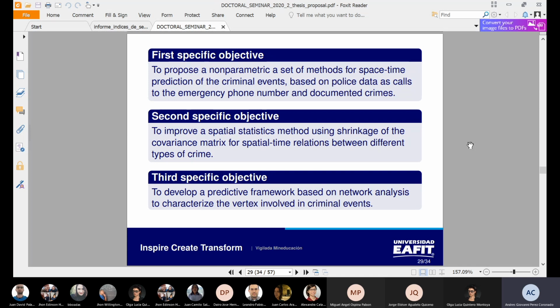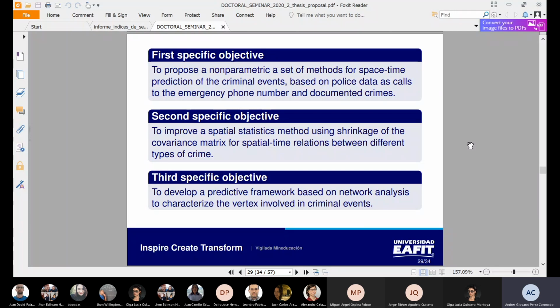In the second objective, I will try to put together a lot of variables, not just variables related to crime, like emergency calls.